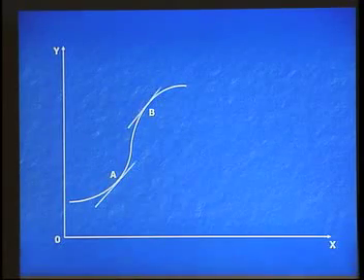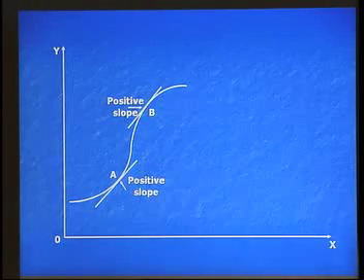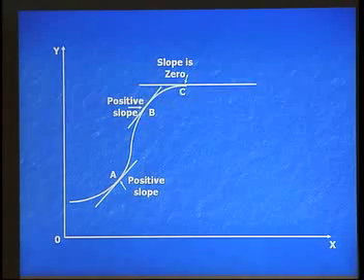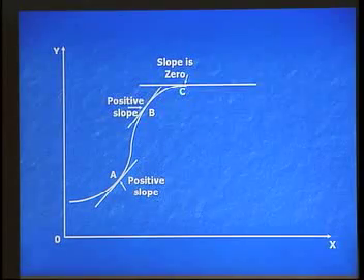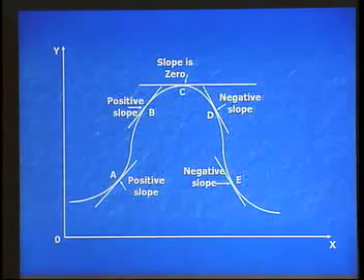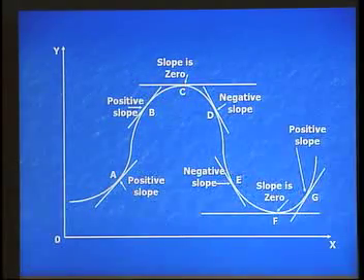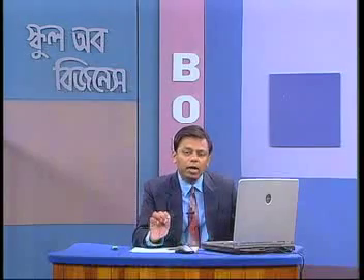When the curve is upward, the slope is positive at points A and B. At point C, the tangent is parallel to the OX axis and the slope is 0. When the curve is downward, the slope is negative at points D and E, and at point F the slope is again 0.